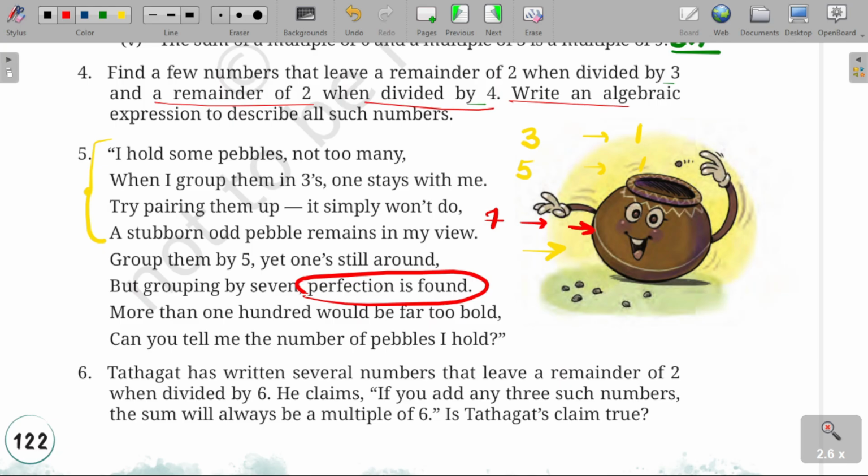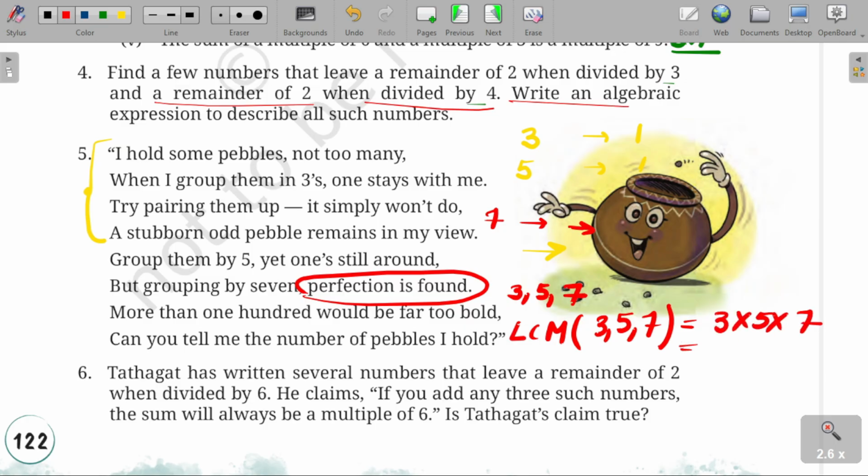So 3, 5, and 7 are prime numbers, and we need to find out the pebbles around, right? So first we will find the LCM of 3, 5, and 7. The LCM of three prime numbers is the multiplication of them.